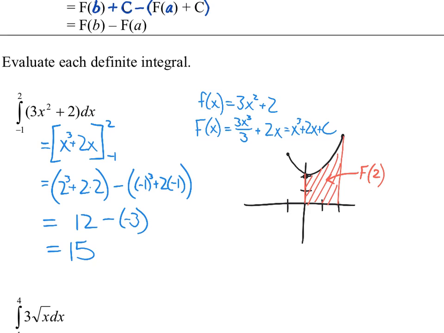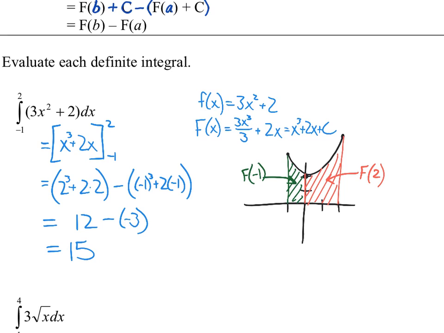When I do capital F of negative 1, it's actually giving me this. Capital F of negative 1 is that. Notice we ended up being negative 3. That's because it's to the left of the y-axis. Okay? So it's negative. When we subtract, notice what gets added together. The 12 in the red and the 3 on the left get added together, and I have a total area of 15. Okay?